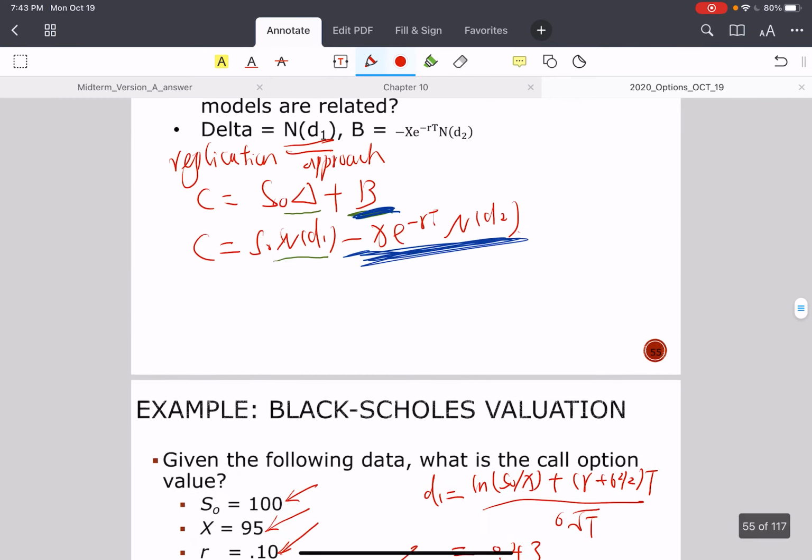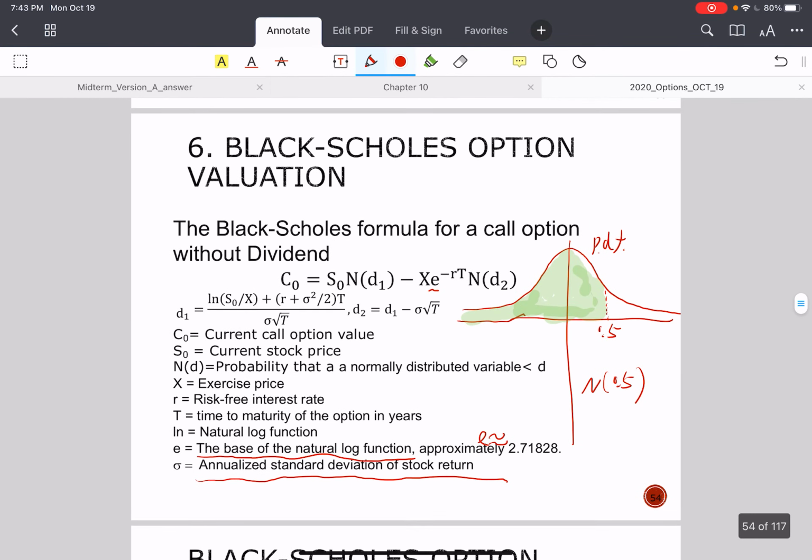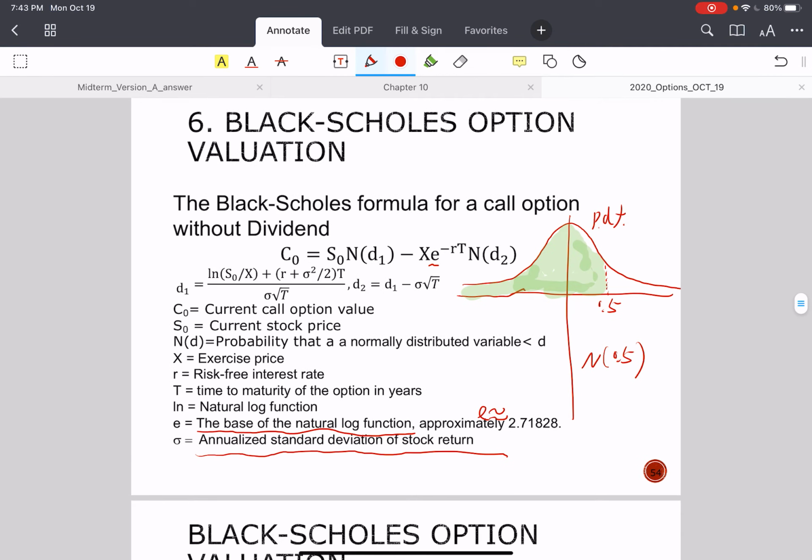Okay. Another caveat I forgot to mention is, if you look at this lecture note, it says the Black-Scholes formula for a call option without dividend. We know that at least call option has two types, right? American calls and European calls. So what exactly is this call option? Well, the answer is here, this formula can be applied to both American calls and European calls as long as there are no dividend. Why? The reason is, well, we actually talked about this.